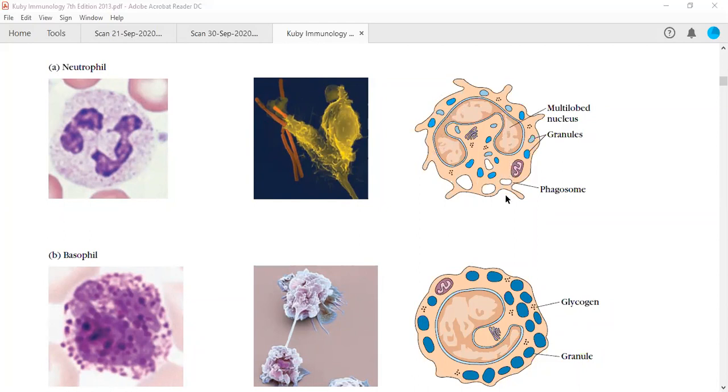All right, they have two types of cytoplasmic granules or particles. I told you primary and secondary granules, right? And if you see, there is no or almost very few Golgi apparatus and rough endoplasmic reticulum in neutrophils.